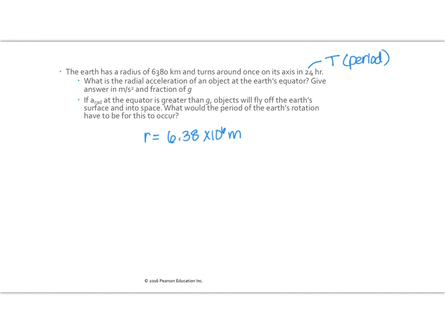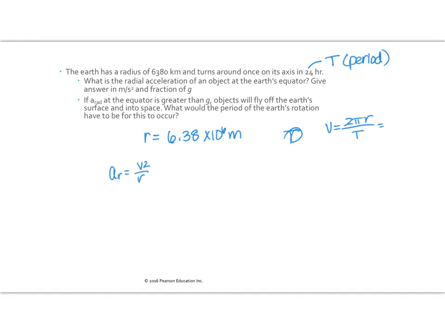So let's find the radial acceleration for that object. The radial acceleration is going to be v squared over r. How do we find v? The v is the distance that the object travels on the equator, which would be 2 pi r, over the period.